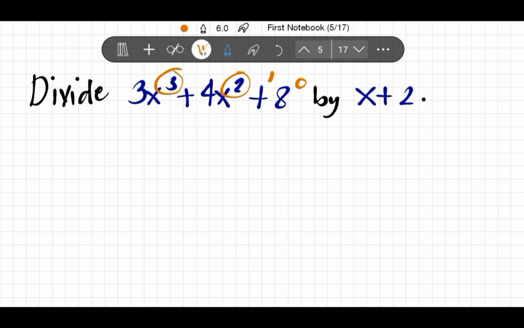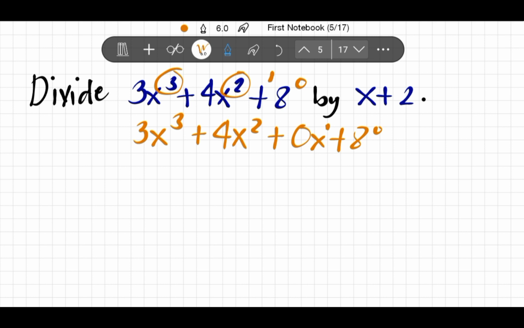So we can rewrite this dividend as 3x cubed plus 4x squared plus 0x plus 8. So this is now the x with the power of 1. So as you can see, it is now in decreasing order.